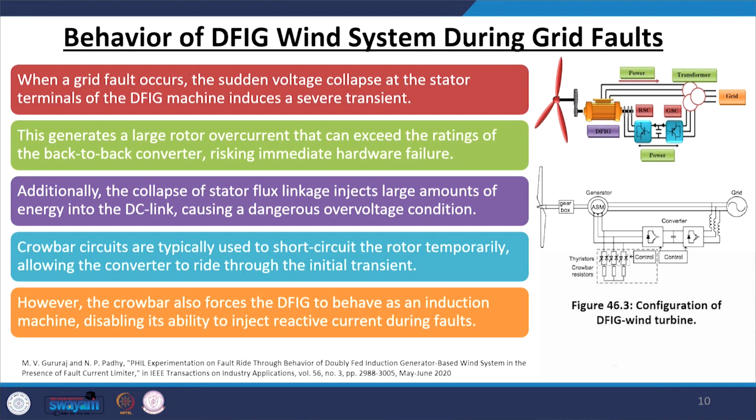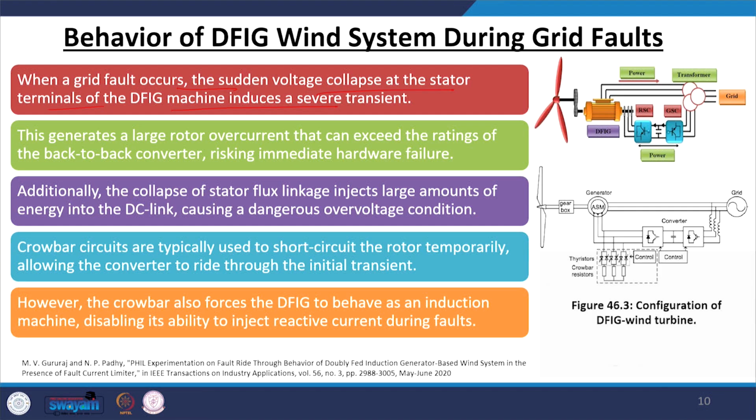Now we will see the behavior of the DFIG wind system during the grid fault condition. When a grid fault occurs, the sudden voltage collapse at the stator terminals of the DFIG machine induces a severe transient. The stator is directly connected to the grid, so if any fault occurs, your stator voltage suddenly collapses or drops.